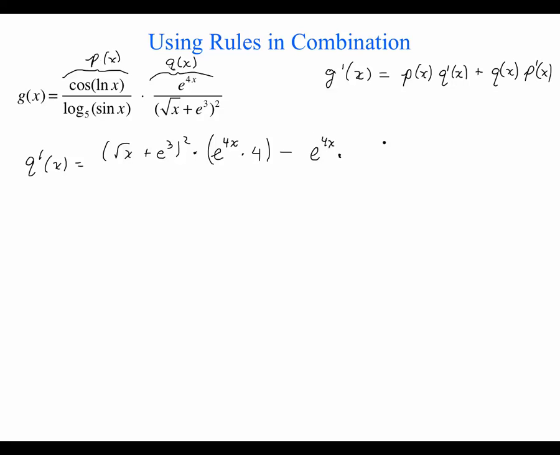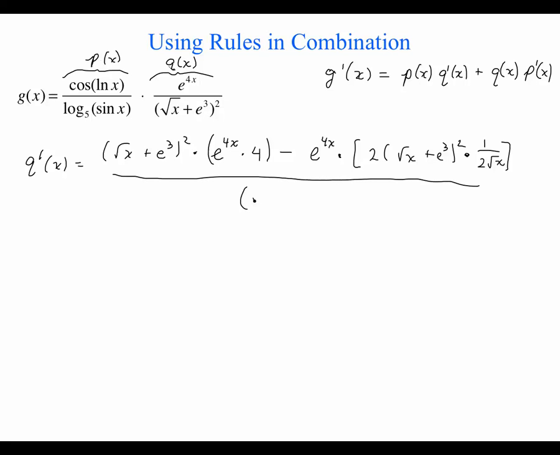It's actually a chain rule problem we had on the previous page, and we found that chain rule to be 2 radical x plus e cubed squared times 1 over 2 radical x. So that's our low d high minus high d low for the function Q all over low squared.